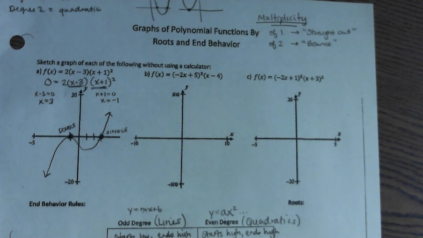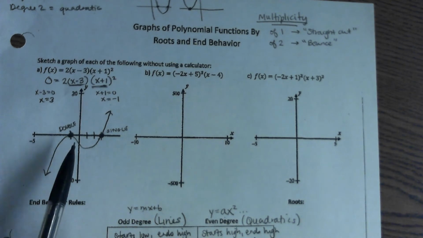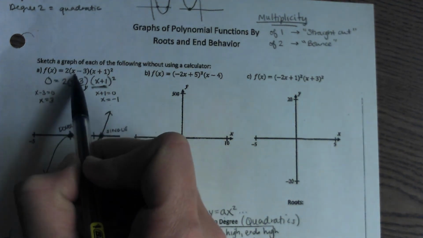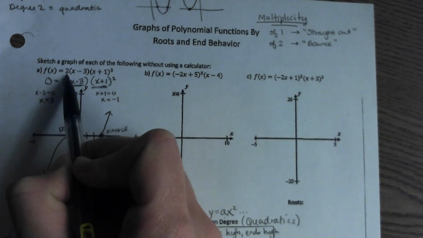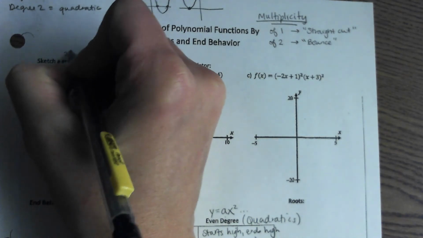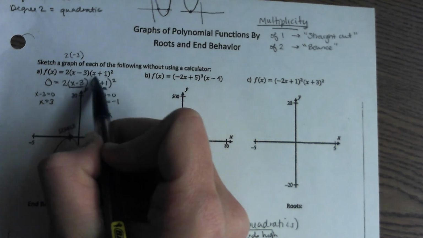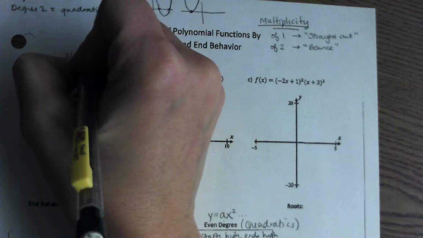The only other thing you'll be asked to label is the value of the y-intercept, because you can easily find a y-intercept by setting x equal to 0. So if you do that and you set x equal to 0, it'll be 2 times negative 3 times 0 plus 1 is 1 squared.